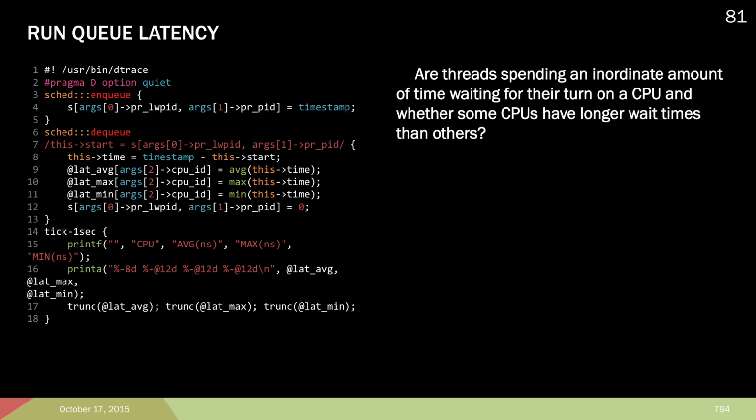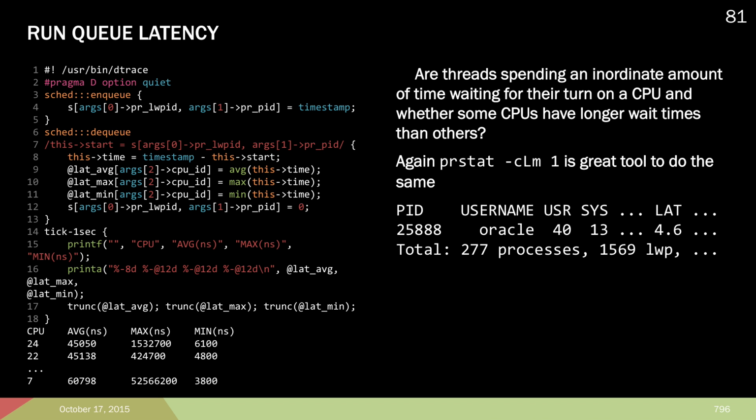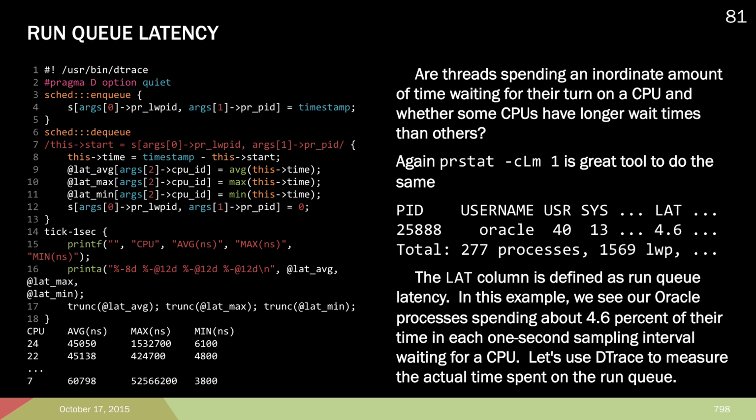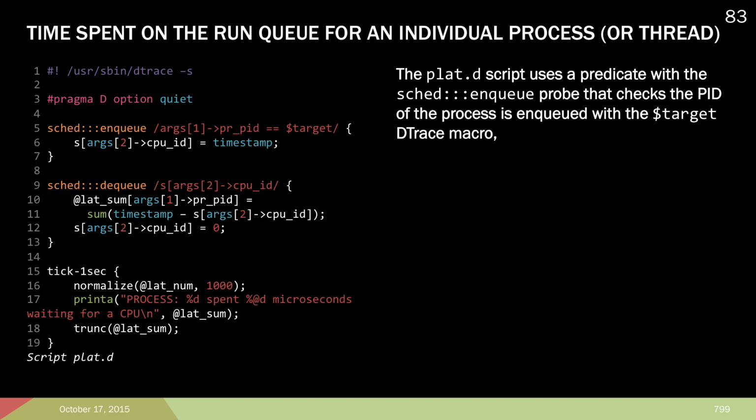Using enqueue and dequeue, we do the same timing trick. prstat -mLc 1 is a great tool to do the same. LAT is run queue latency. Let's measure the actual time spent on the run queue. The plat.d script uses a predicate with the sched enqueue probe.